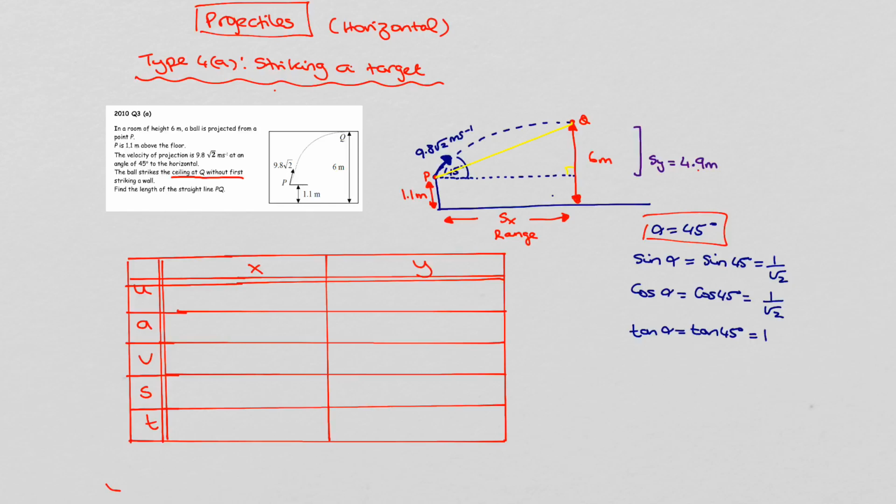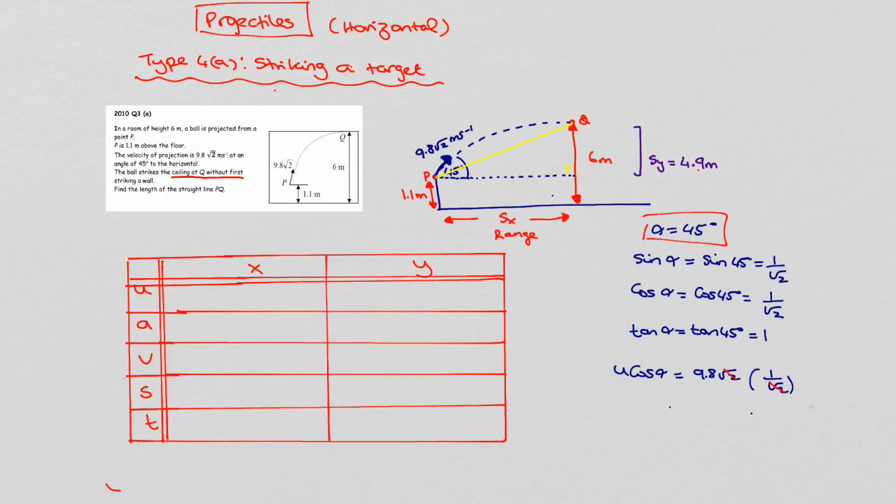Okay, so if we have U cos alpha and U sine alpha, if I just write to the side here, U cos alpha is going to become 9.8 root 2 times 1 over root 2. So of course the root 2's are going to cancel, leaving us with 9.8 for U cos alpha.